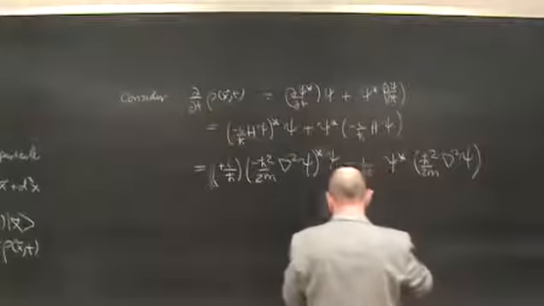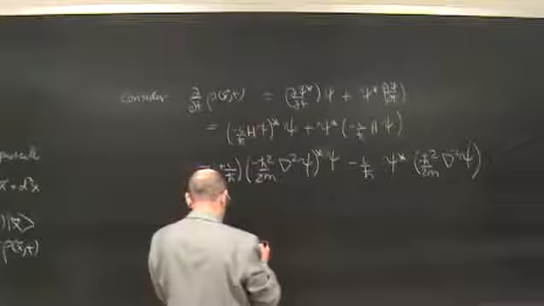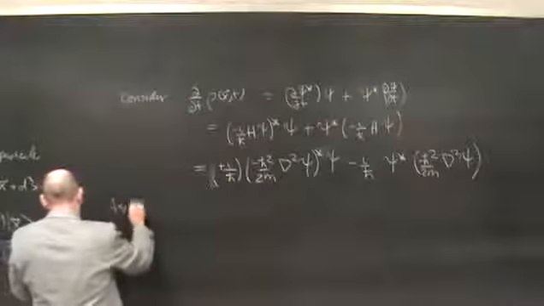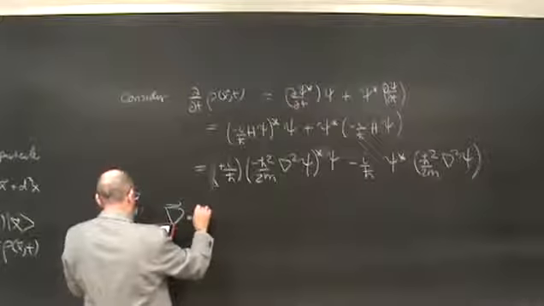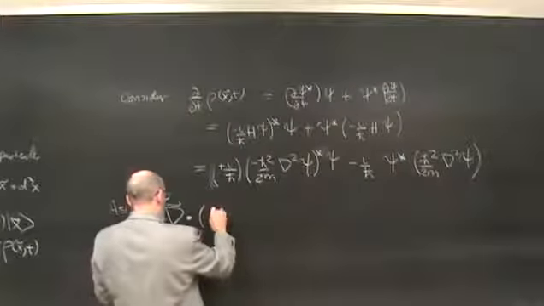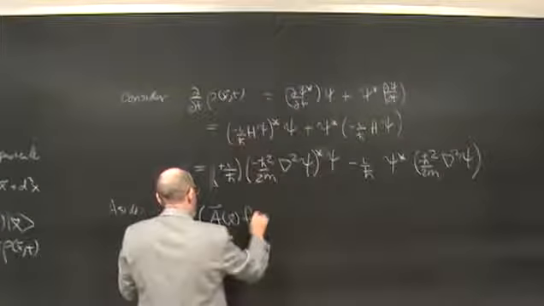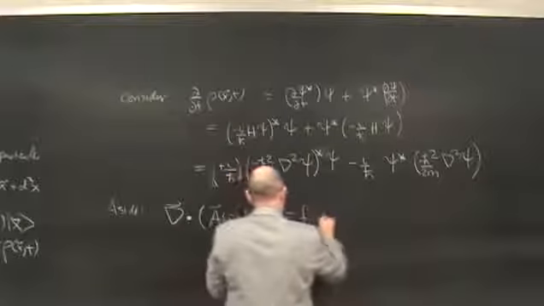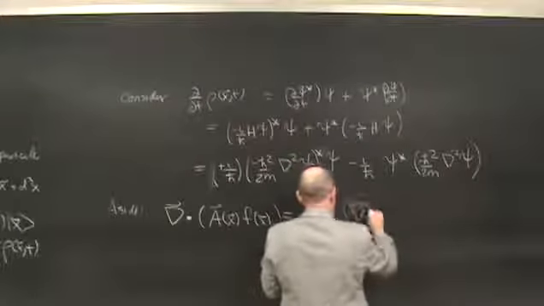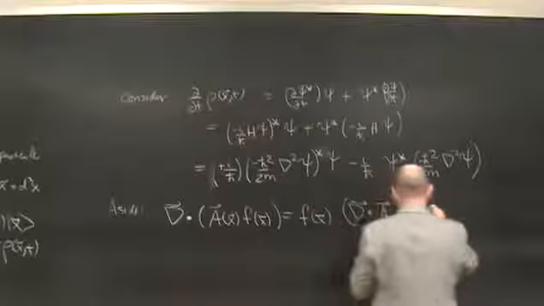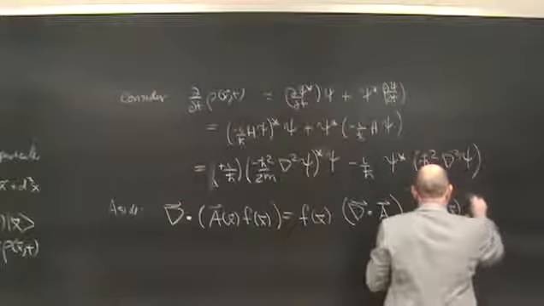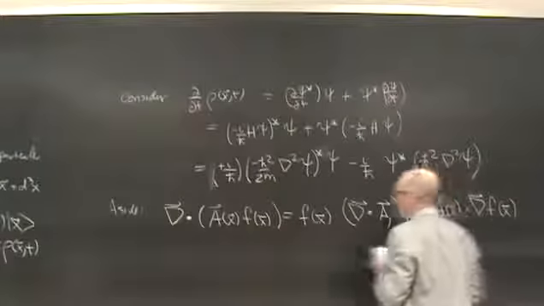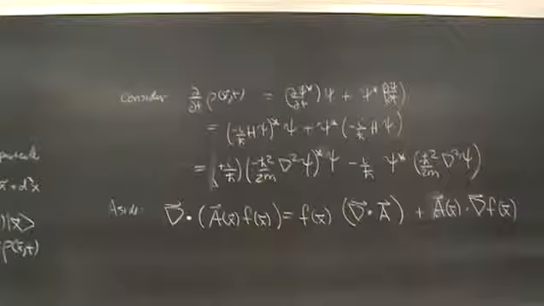All right. So now I'm going to use the following vector calculus identity: the divergence of a vector field that is some vector times a scalar is the scalar times the divergence of the vector, plus the vector A dotted into the gradient of the scalar. That's a vector calculus identity that you can quickly derive with a couple of epsilon tensors or something like that.